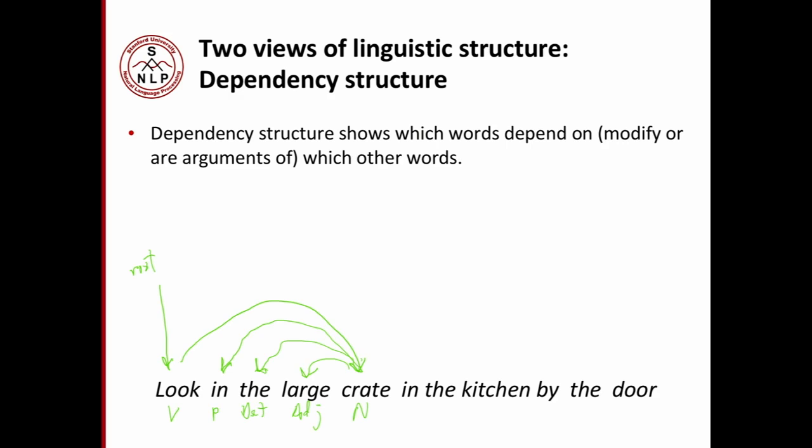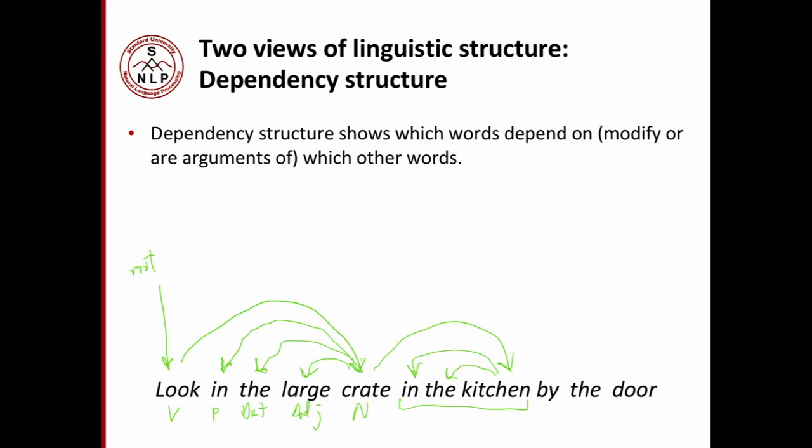I could come back to that. Well, but this crate has its own modification because it's a crate in the kitchen. So we have in the kitchen as a modifier of crate, and it's the kitchen, in the kitchen. These are dependents of crate. And well, then we have this next bit, by the door, and as I'll discuss in a minute, well, what is the by the door modifying? It's still modifying the crate.